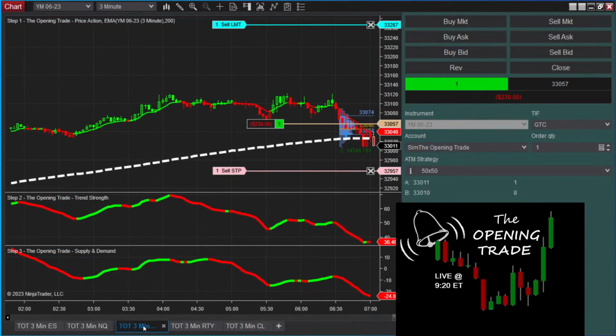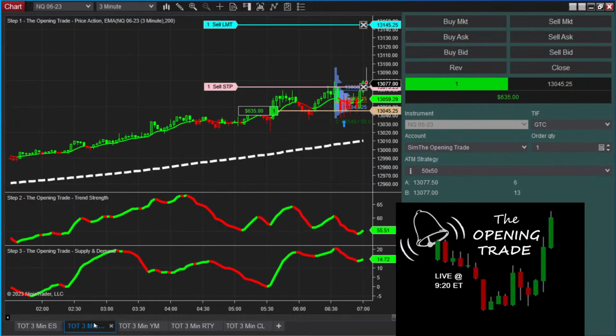The Dow is not being our friend right now. Look at the NASDAQ, it might hit that red bar, but that's why we put it there, just to make sure that we don't lose too much of that.